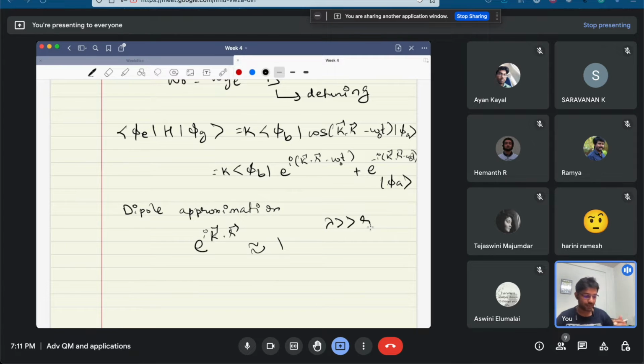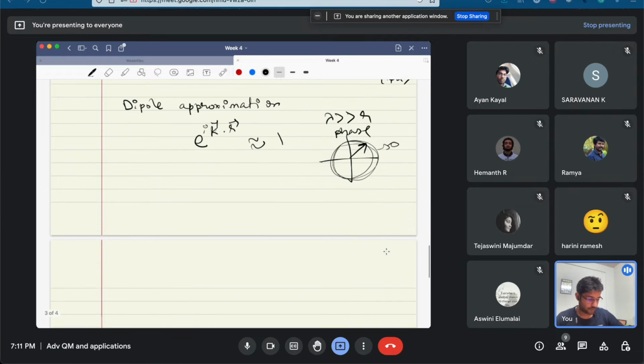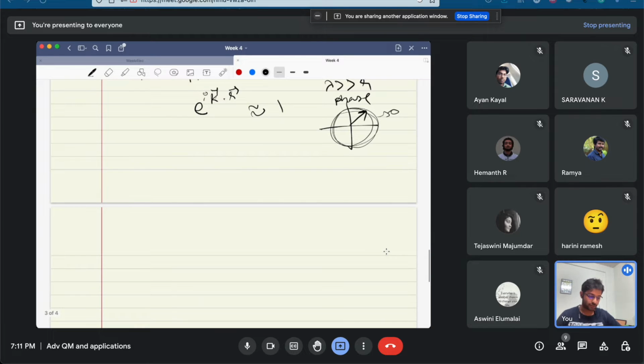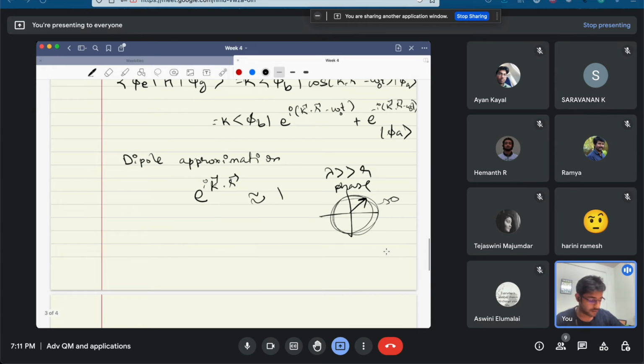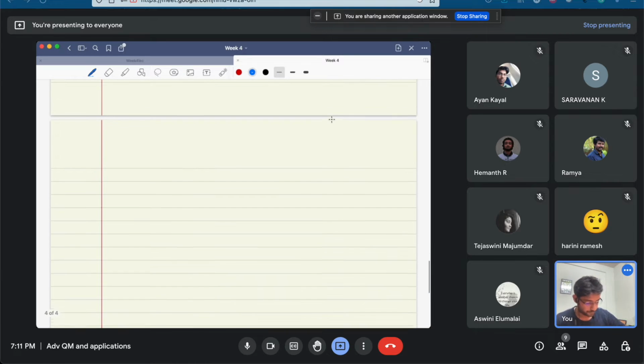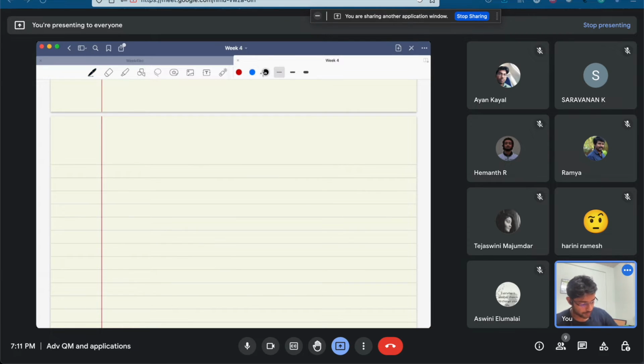And an exponential to the power i k r is represented in a phase plane with a pointer. So if the number is too high, it rotates a lot and averages out to 0. Okay, so firstly we use the dipole approximation. What that does is essentially put these terms to 0, and we are only left with the omega naught terms. Okay, let me rewrite it.